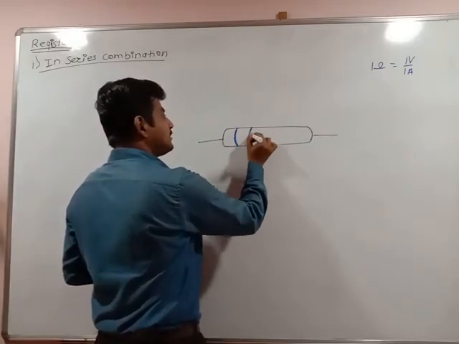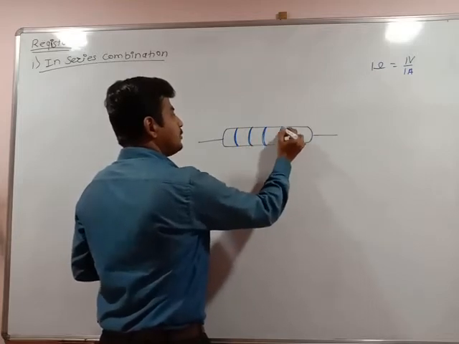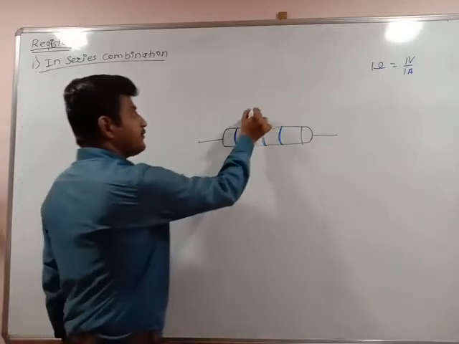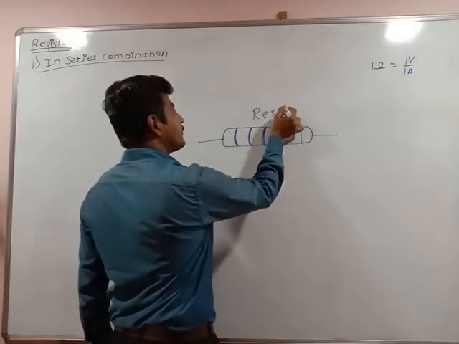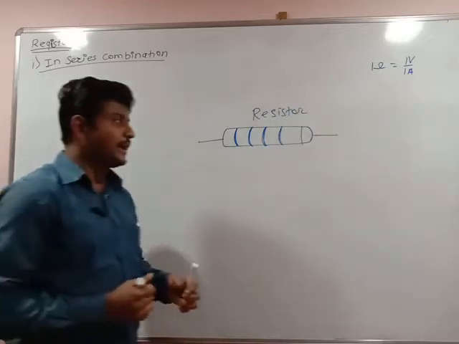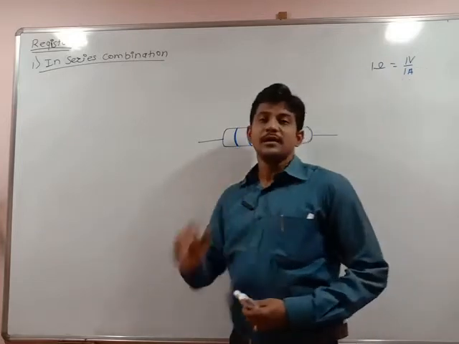Actually, this color code concept is not in the syllabus. Using the different color codes, the value of a particular resistor is defined, and this resistor is used in electronics and electrical circuits to control the current across the circuit.